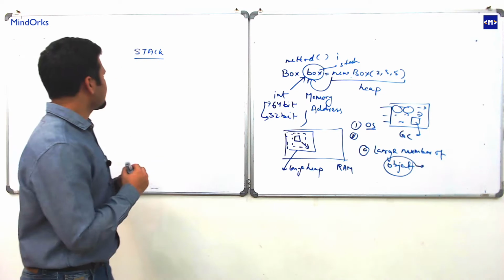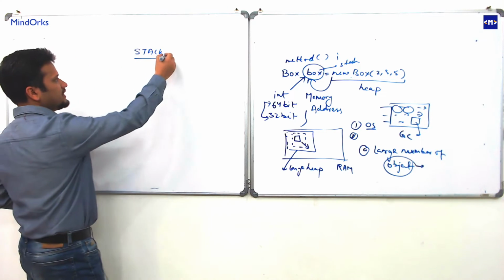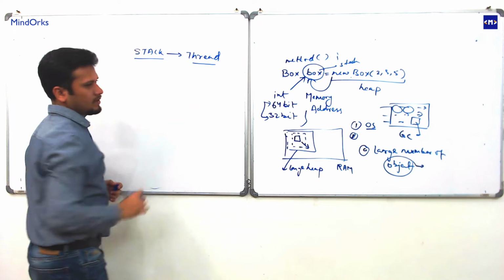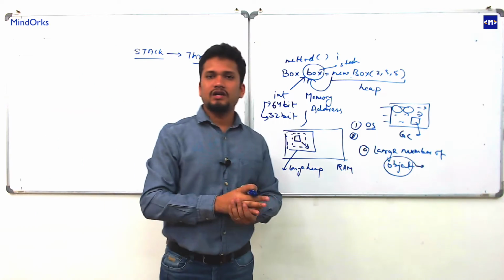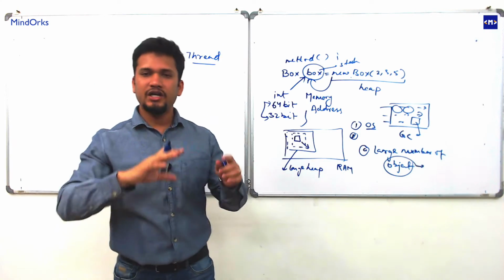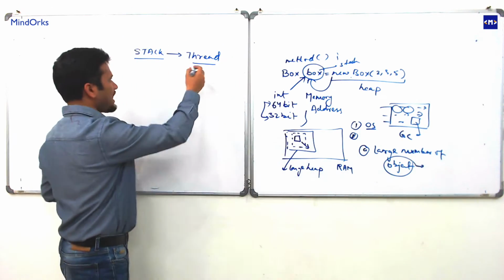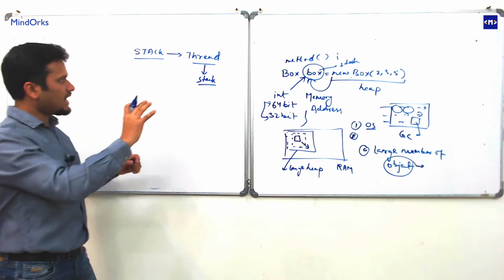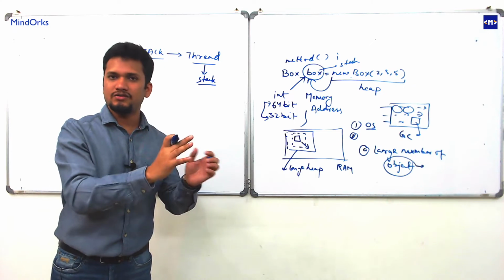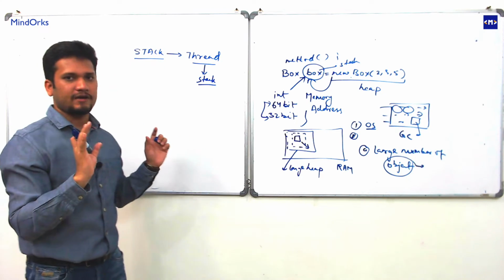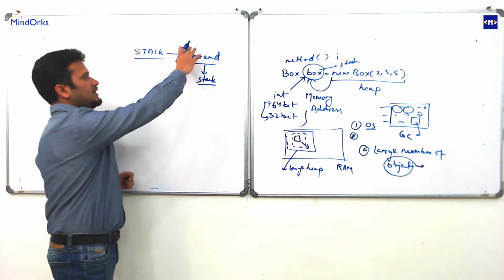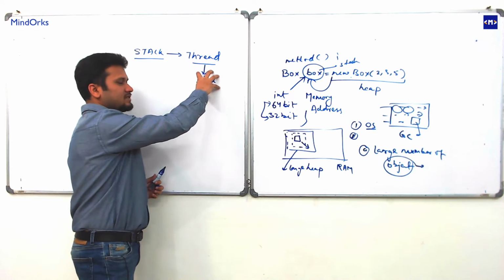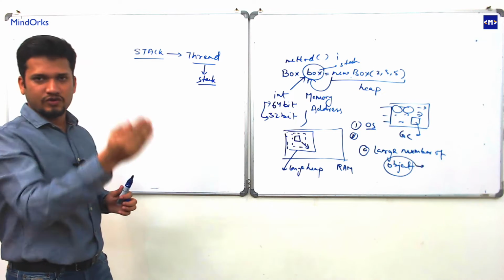Basically, stack is associated with a thread. Whenever a thread is running in your application, it will have a stack memory specified to that thread by the system. It depends on the system what the size of the stack is. So each thread will have a space allocated, which is called the stack memory for your thread.